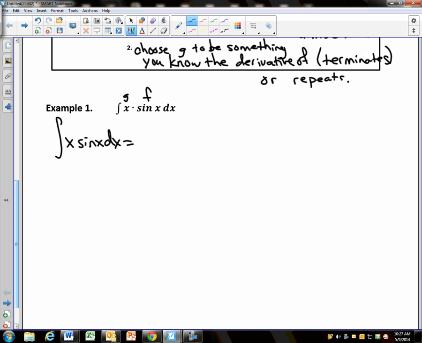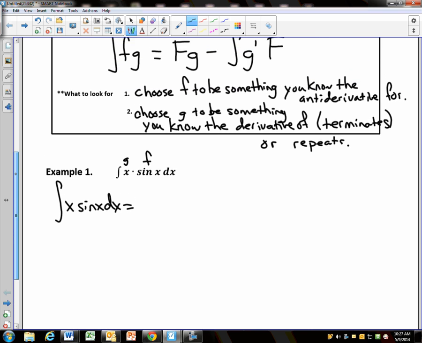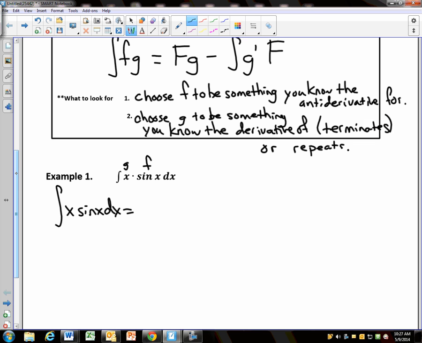So we write it out. The formula says, as you look at it, big F. What's the antiderivative of sine? Negative cosine. Times g. What's g?